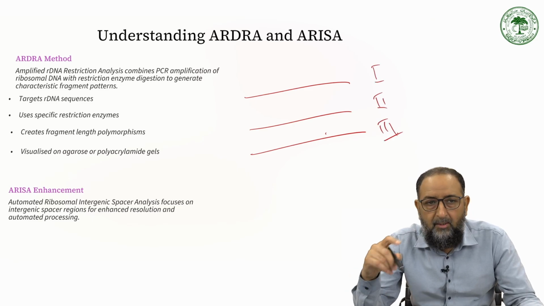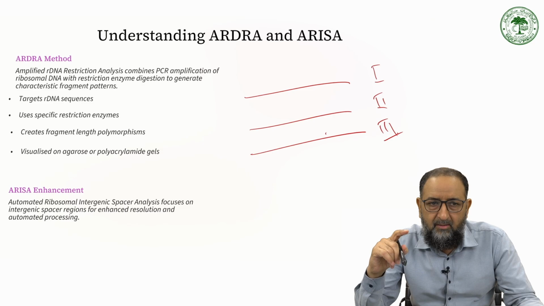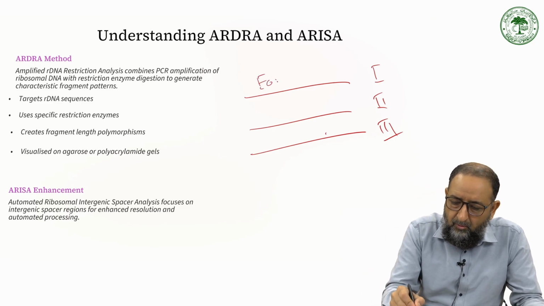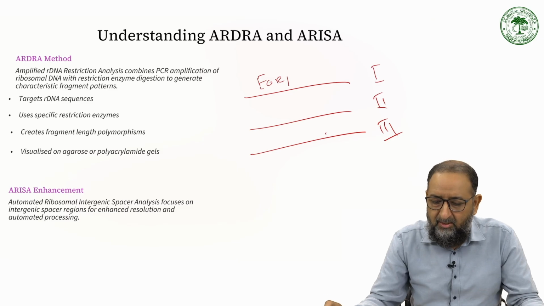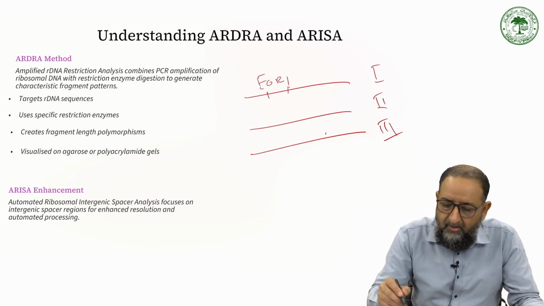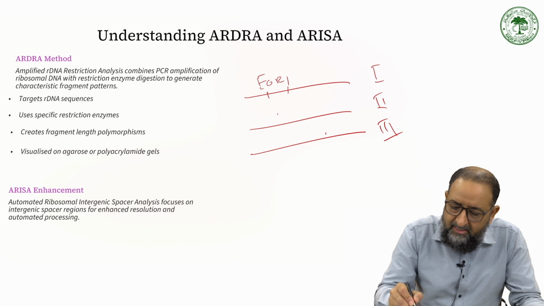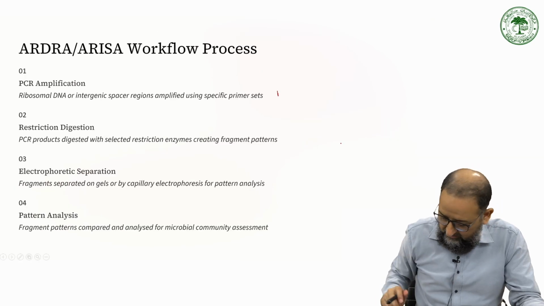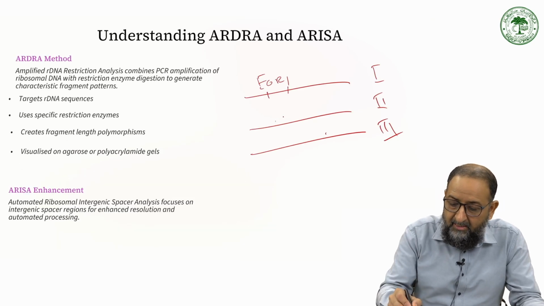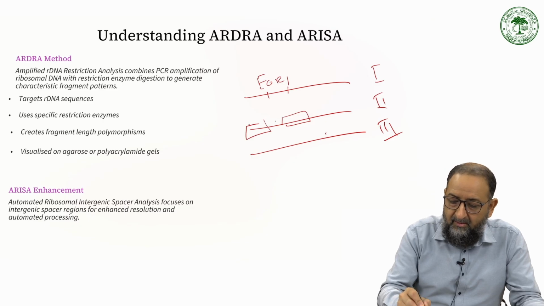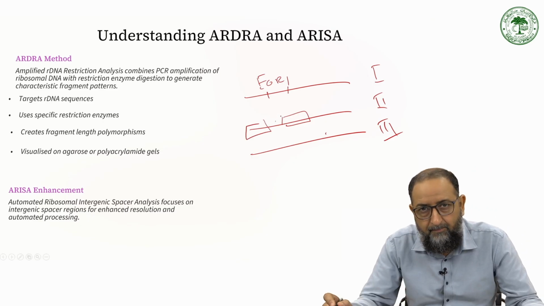For example, here we are using EcoRI. This EcoRI site is here. In this case, the EcoRI sequence gets mutated and it either shifts here or is lost.